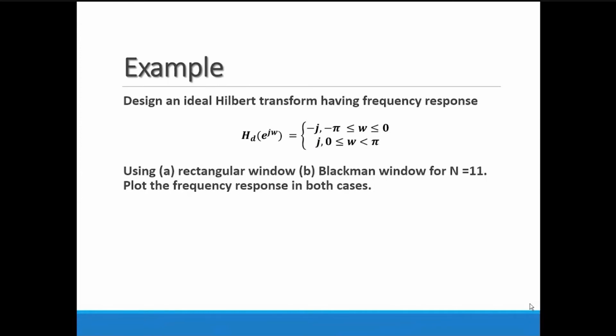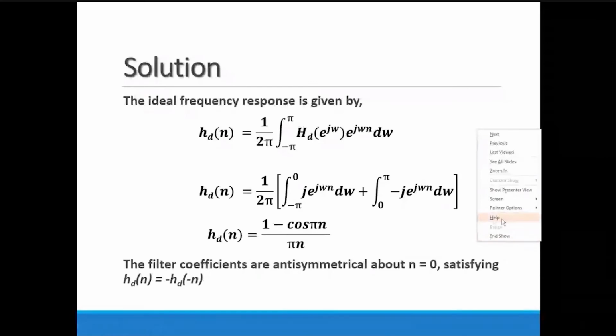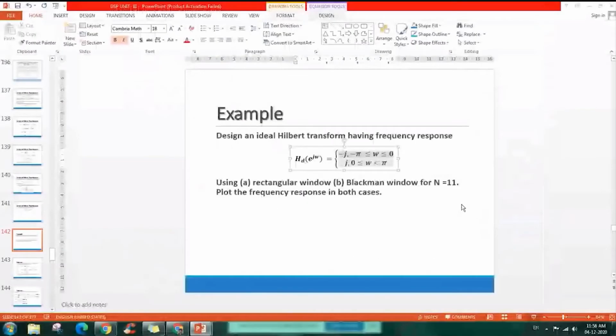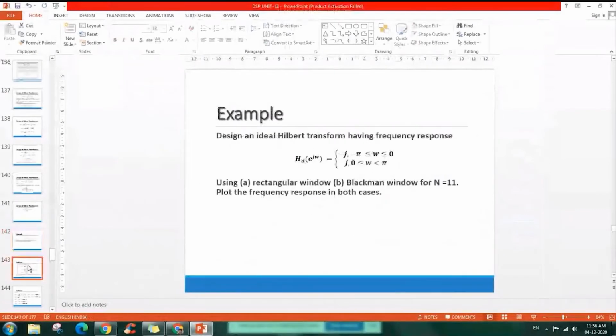Okay, so let us start the solution. So ideal frequency response is given by, so same equation we are applying. Now applying the value of this Hilbert transform over here.